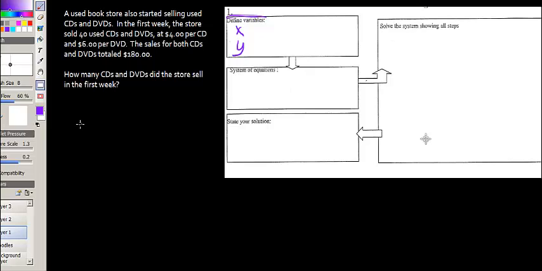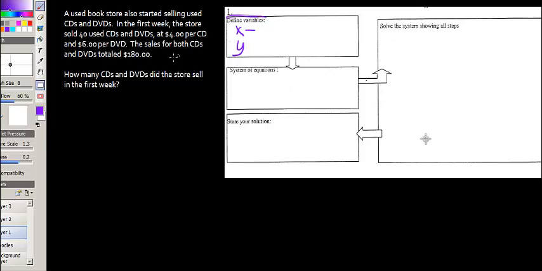Another way to think about it is, when you read the problem, think, what do I not know? You know how much the DVDs and CDs are sold for. You know how much money they made. You know how many CDs and DVDs they sold. What you don't know is how many individual CDs and how many individual DVDs they sold.